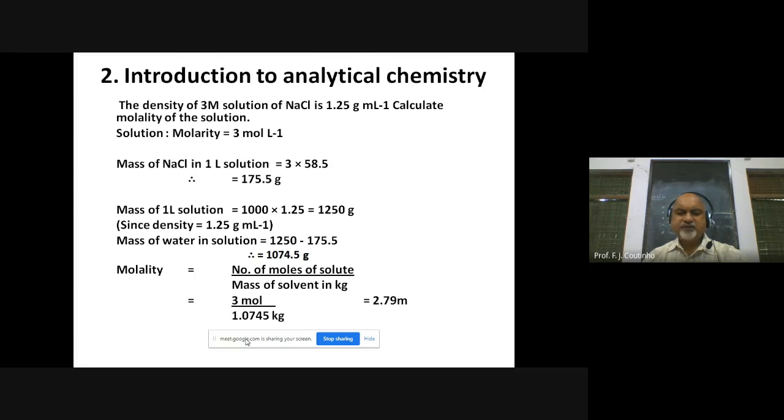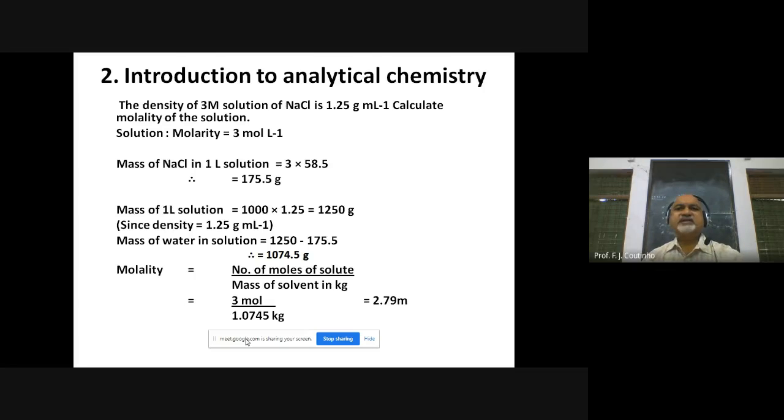Now the mass of NaCl in 1 liter of solution is equal to 3 into 58.5, where 58.5 is the molar mass of NaCl. Since they are taking 3 molar, the mass of NaCl is multiplied by 3.